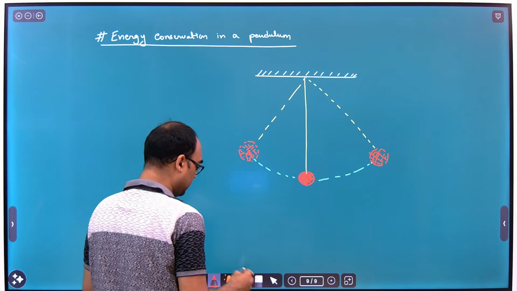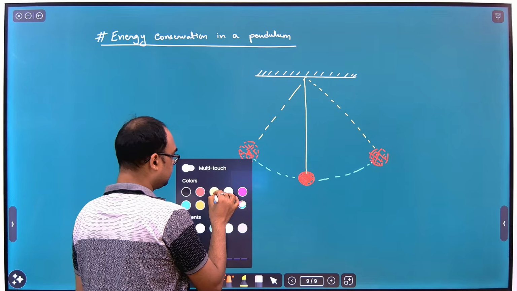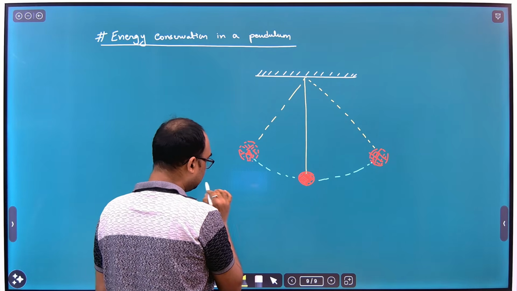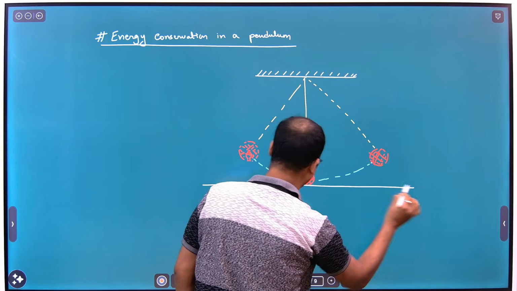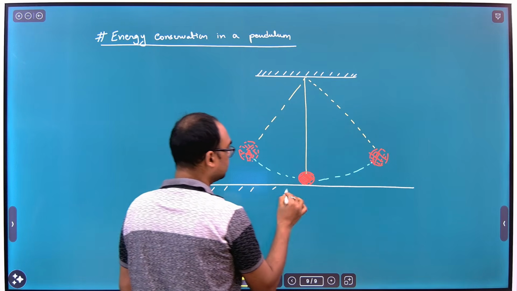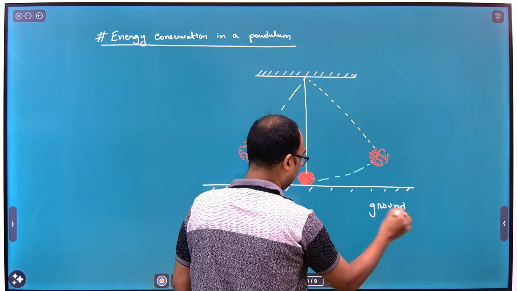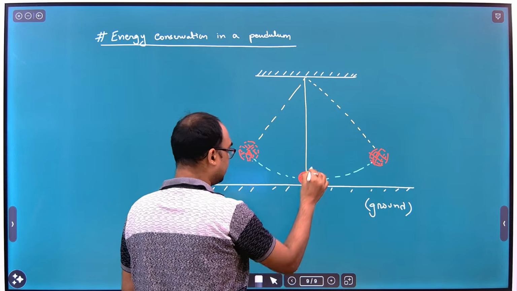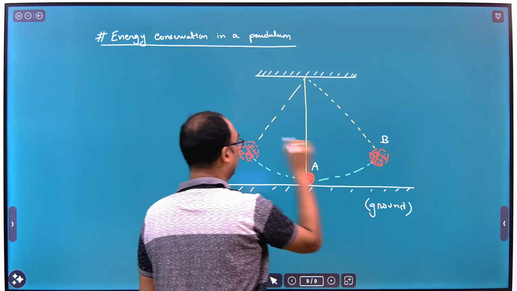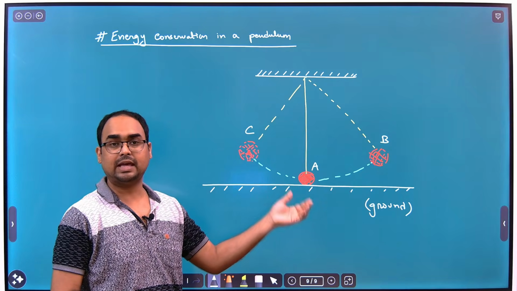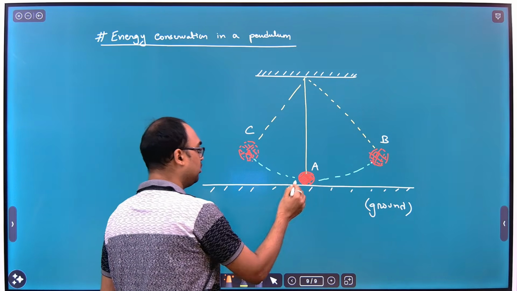Now, let's consider this to be the ground. This is point A, the center point, A, point B and point C. Point B and point C are your two extremes and A is the mean position. Let me write them down for you.